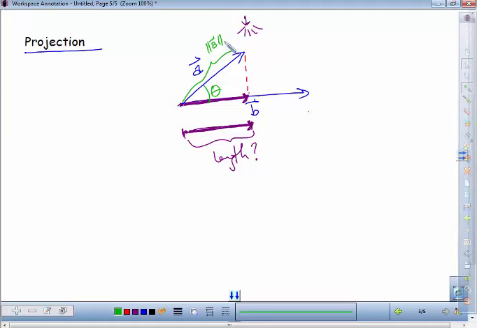Adjacent over hypotenuse kind of business, and the adjacent is what we're looking for. So the length of this thing is the magnitude of A times cosine theta. Right?